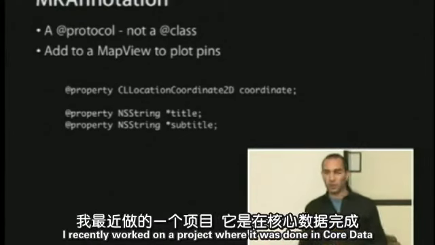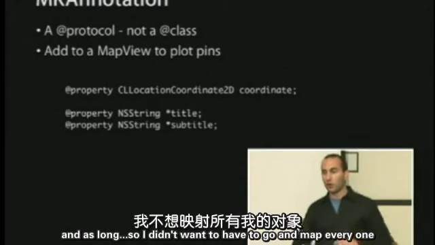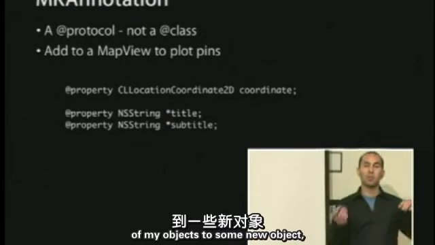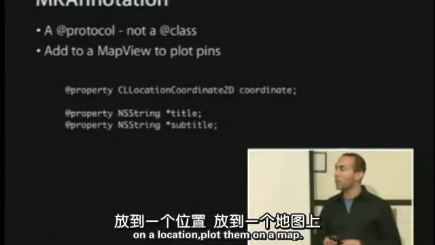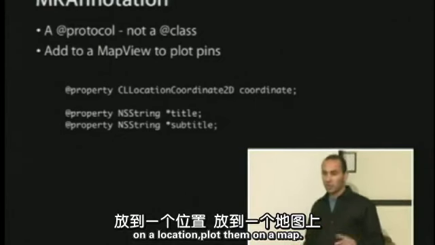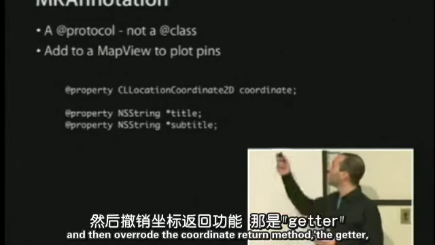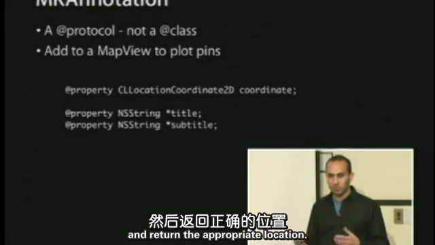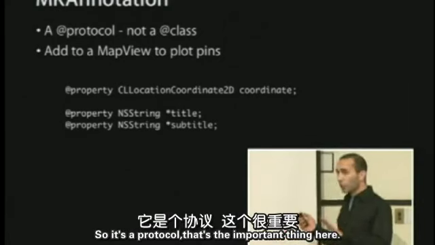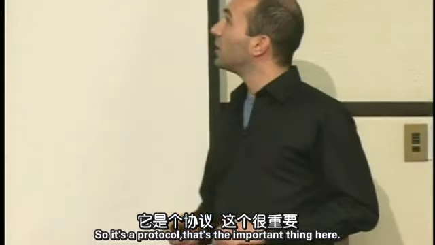I recently worked on a project in Core Data, and I didn't want to map every one of my objects to some new MKAnnotation object just to plot them on a map. I just used the objects themselves and overrode the coordinate getter to return the appropriate location.